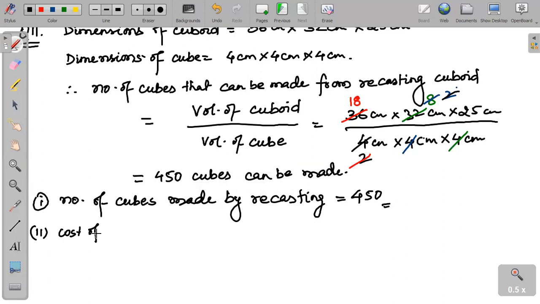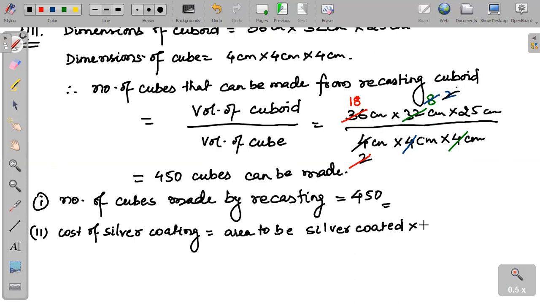Cost of silver coating is equal to area to be silver coated into rate.